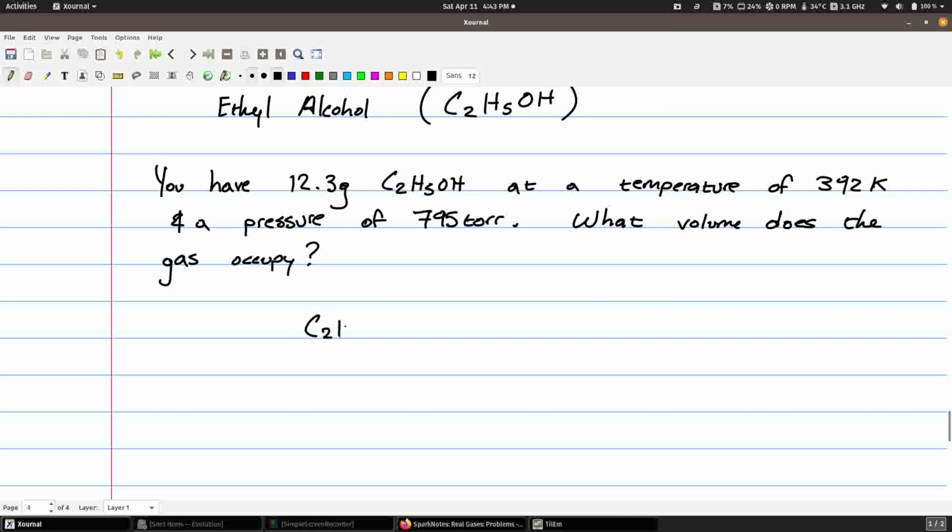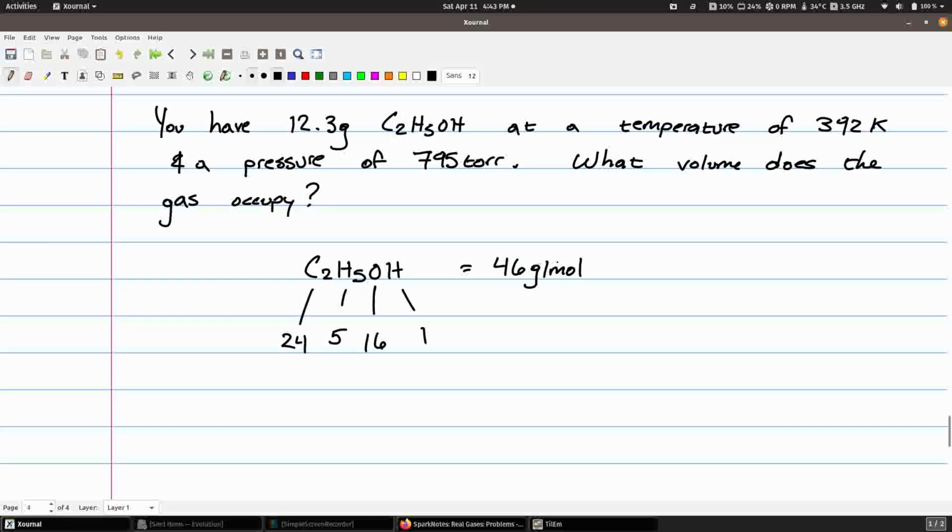So C2H5OH, that's 16, 1, 5 plus 1 is 6, and then you have 24. So this right here is 46 grams per mole. If you do not remember how to do this, you need to go back and review the molar mass video and go over how to find that again.